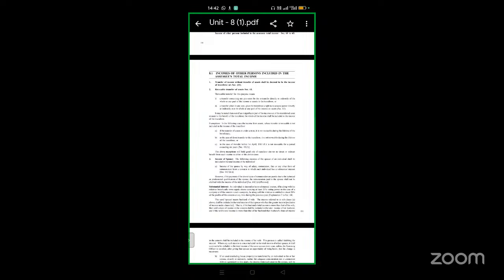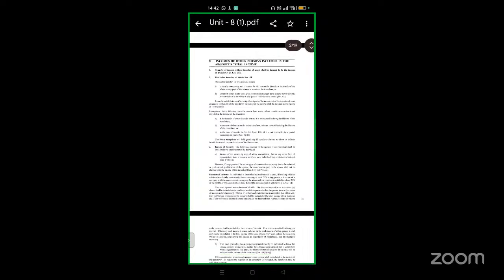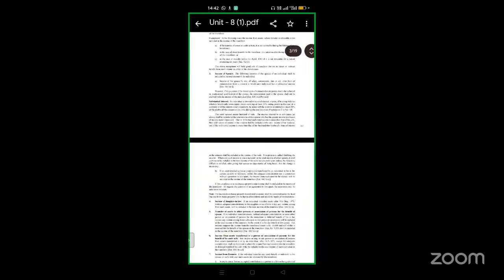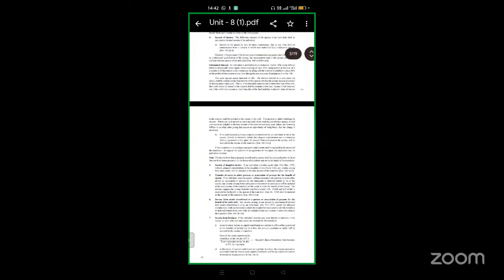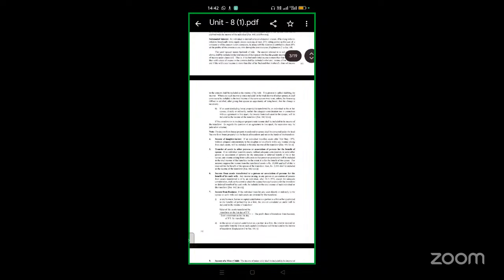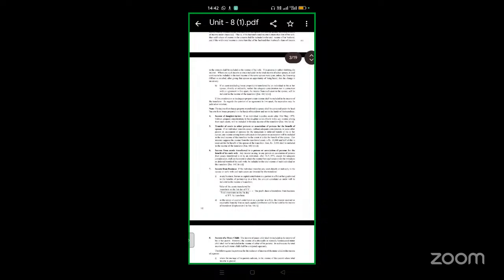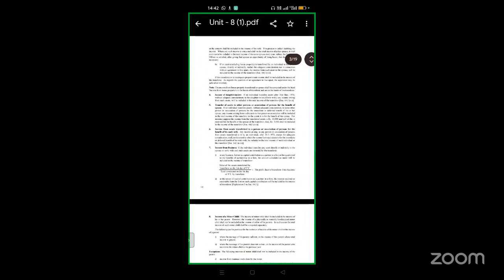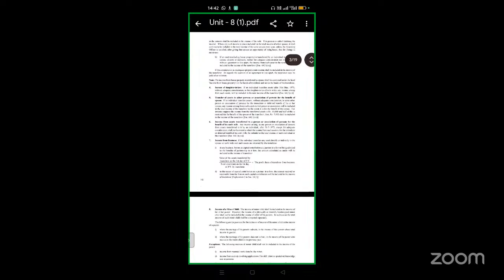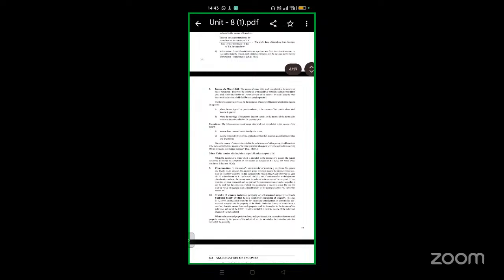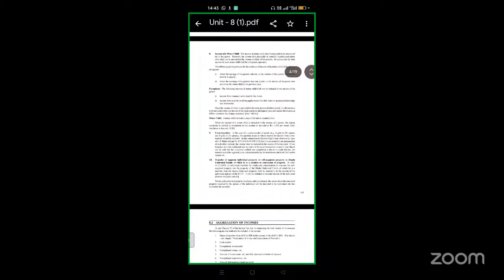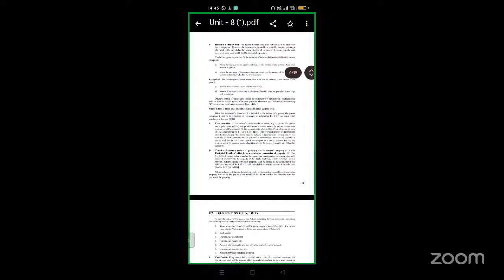Income of spouse, income of daughter-in-law, transfer of assets to other persons or association of persons for the benefit of spouse, income from assets transferred to a person or association of persons for the benefit of his son's wife, income from business, income of a minor child, cross transfers, transfer of separate individual property or self-acquired property to a Hindu undivided family of which he is a member, or conversion of property.